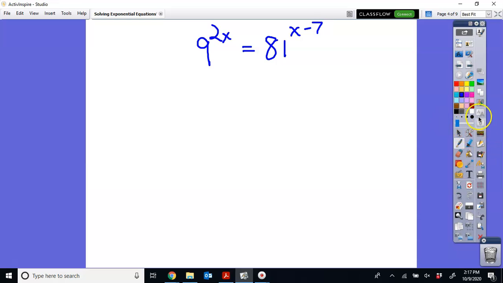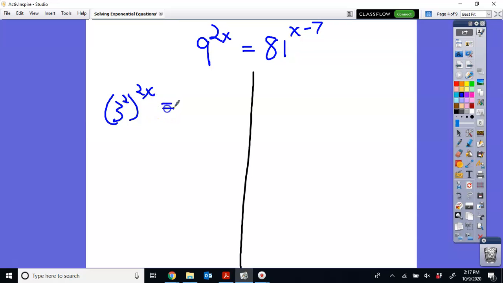Now, there's actually 2 different ways you could approach this particular problem. One is you can look at it and say, okay, 9 to the 2x, I can rewrite 9 to be 3 squared. But then I'm going to have to rewrite 81 with the same base. So it would have to be 3 to the 4th power is 81.